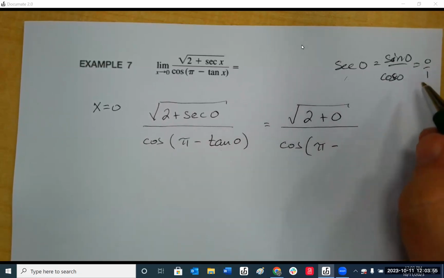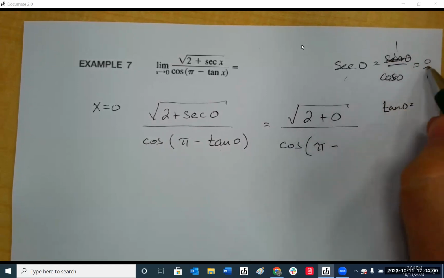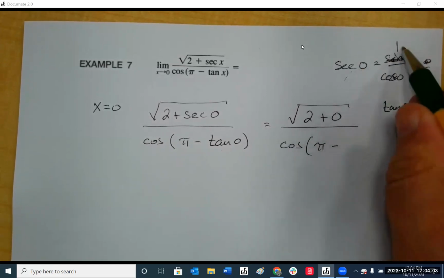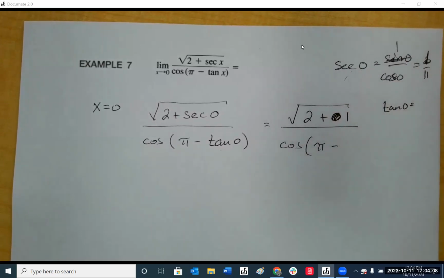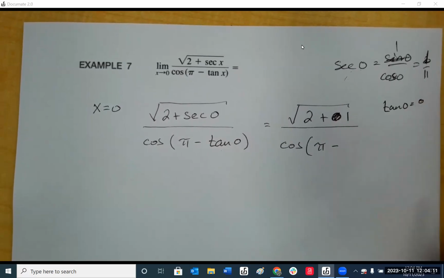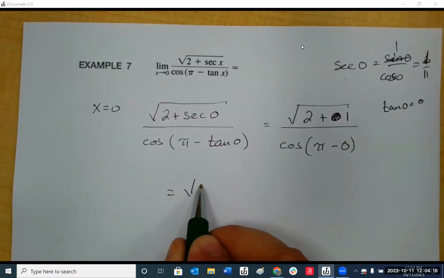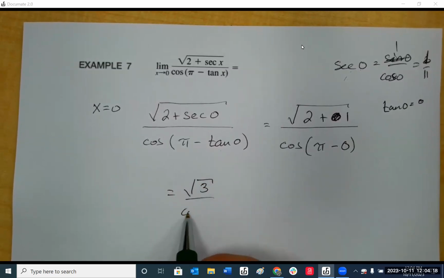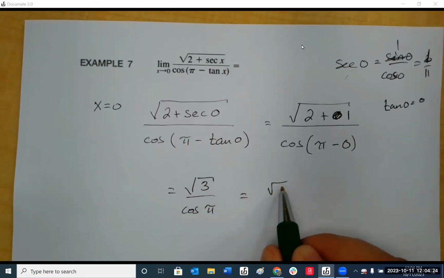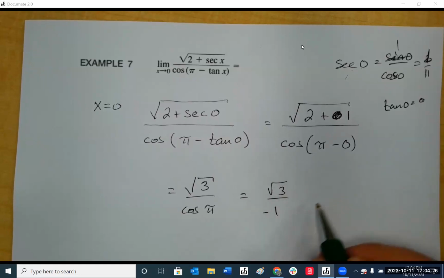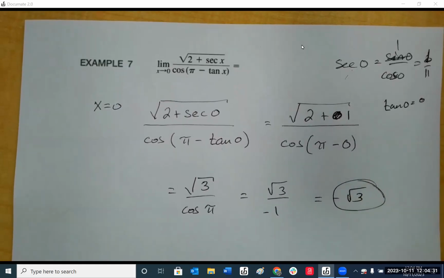I'm sorry, secant at 0 is 1 over cosine, so it's 1 over 1. It should be 1, not 0. Tangent at 0 is 0. So we get square root of 3 over cosine of pi. Cosine at pi is negative 1, so we get negative radical 3 is our answer.